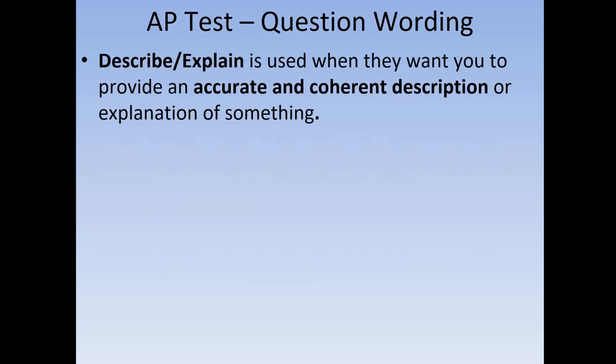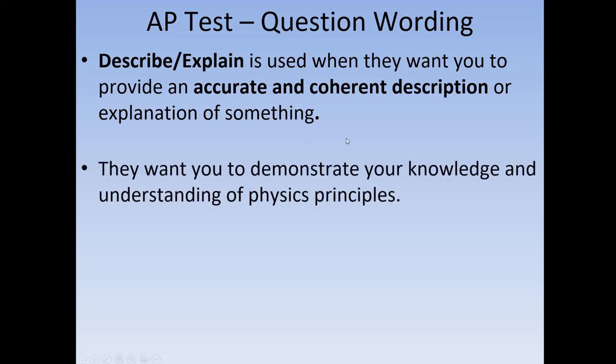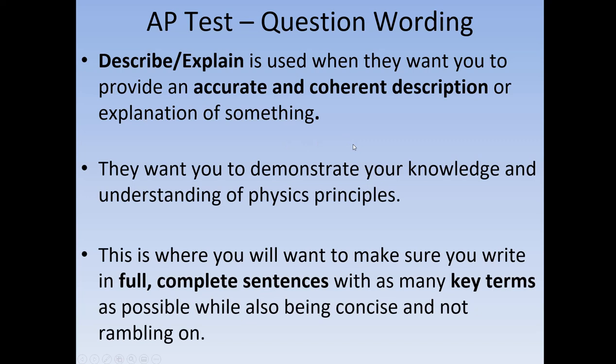All right, so here are some examples of the phrasing they might use. Saying describe or explain something usually means they want what's called an accurate and coherent description. They want you writing in full, complete sentences and stating key terms. This is pretty much the main idea: anytime you see this, they want it in words, in sentences.